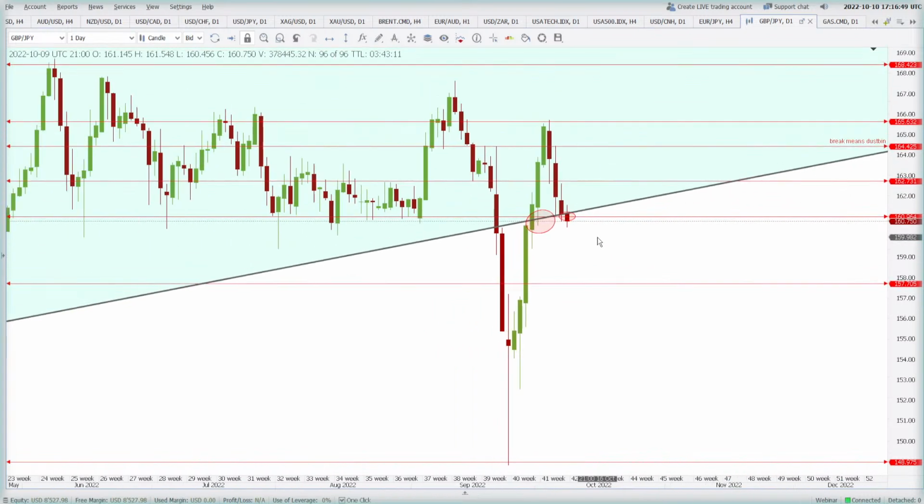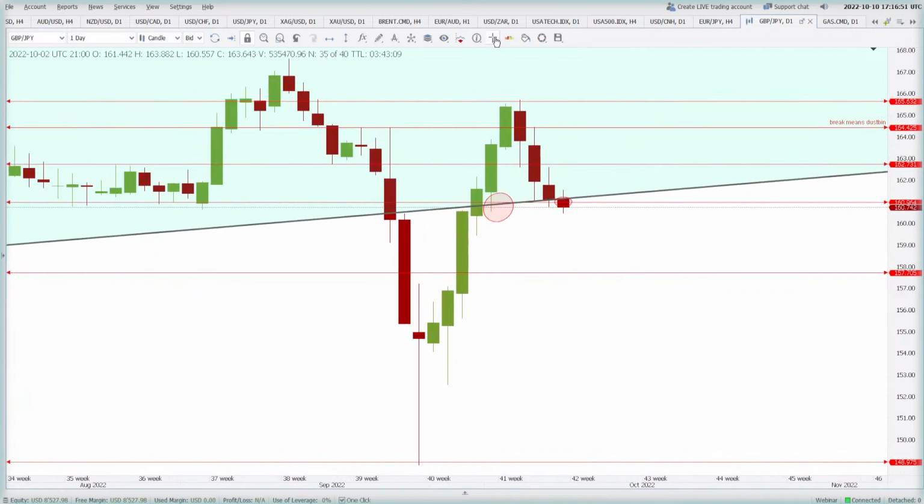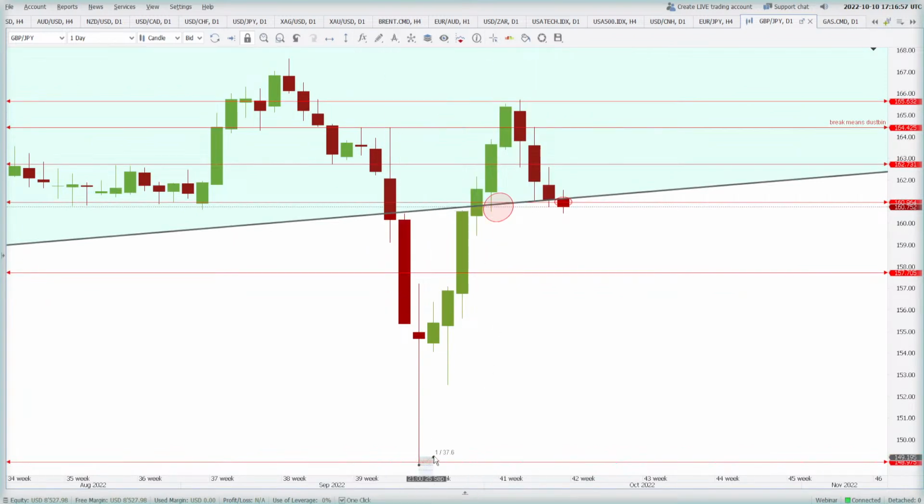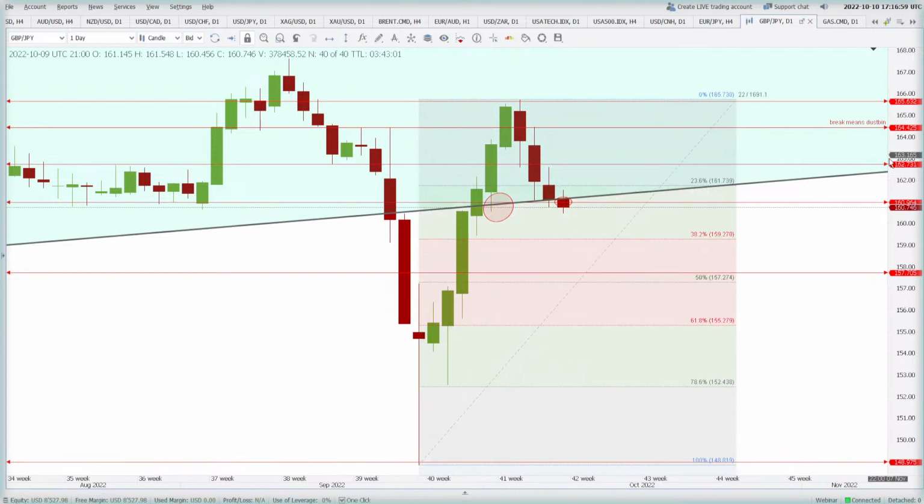Okay, looks good as of now, but if you draw a Fibonacci from this one here to this one here, then okay, it has not even retraced the 38% of this particular rise. So 50% is also in line with 157.70. So yeah, be cautious at these three levels. That is 160.96, that is today's level, which the market has I think already broken.